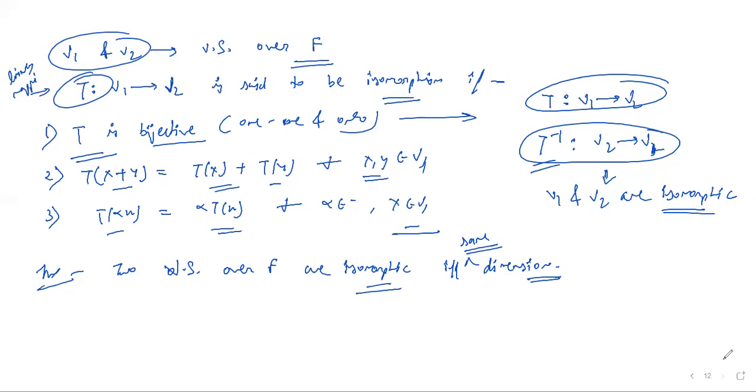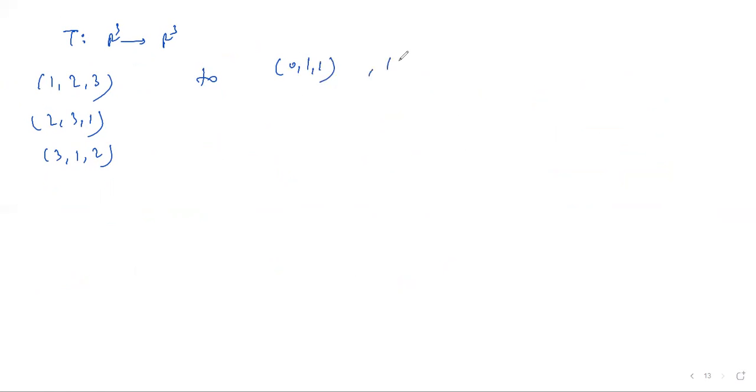Okay, let's see it by an example. Say the mapping is from R^3 to R^3, and the points (1,2,3), (2,3,1) and (3,1,2) are mapped to (0,1,1), (1,0,1) and (1,1,0).